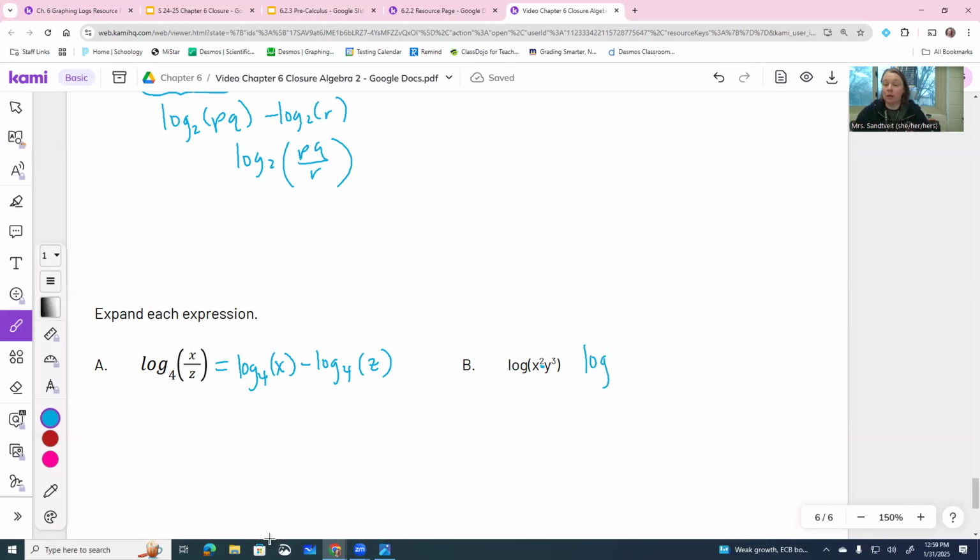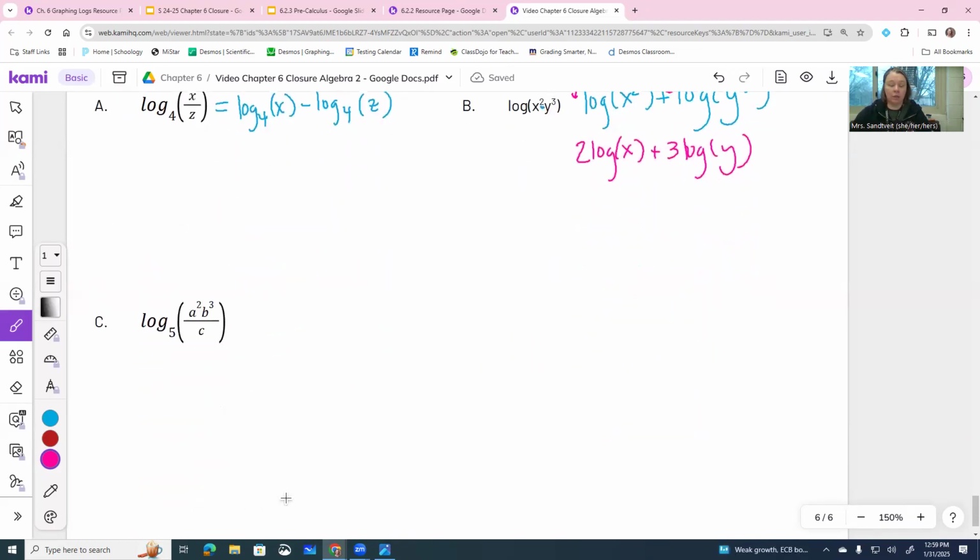So I'm going to rewrite it using addition. Now I can bring those powers in front. Okay, and if you're expanding, you do need to bring the powers in front. Like you have to get it as long as you could possibly have it be. Okay, so then that would be expanded.